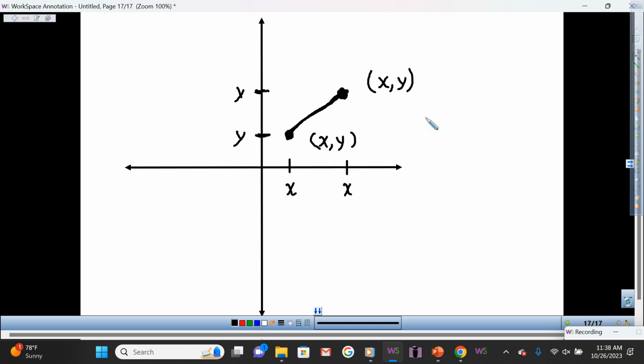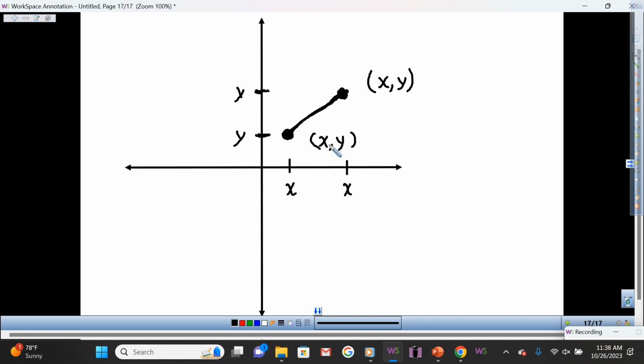So on a different paper, if I was to give you x and y, do you know which point would be which? No, right? Because don't they look the same? So how would we distinguish this point from that point if we were to read graphs from left to right? Do you agree that this is the first point, reading it from left to right?